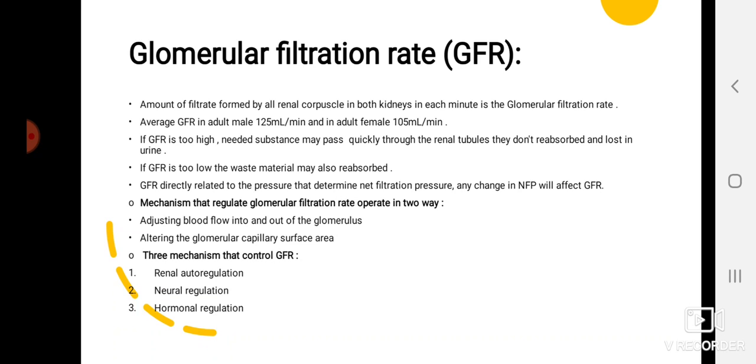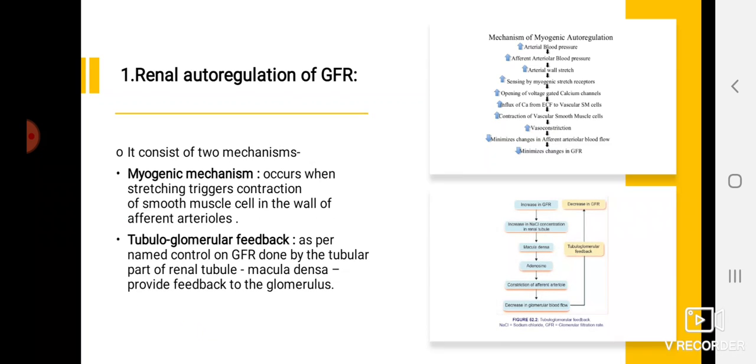First is renal autoregulation. We will discuss these one by one with diagrams. Second is neural regulation, and last is hormonal. This is the diagram, also a diagram with the mechanism. So first is the renal autoregulation of glomerular filtration rate.